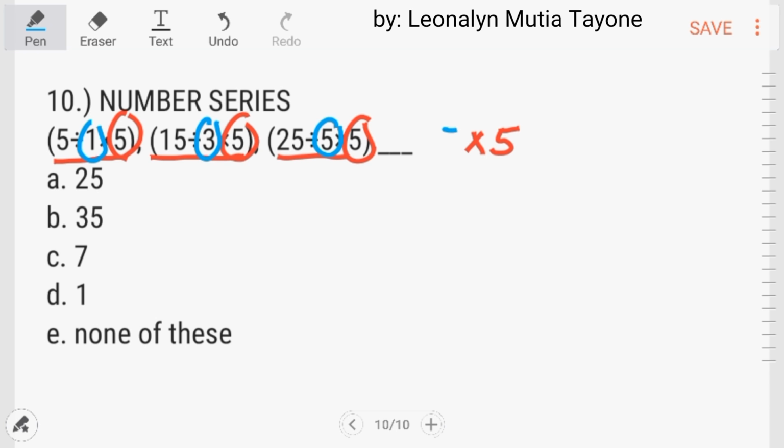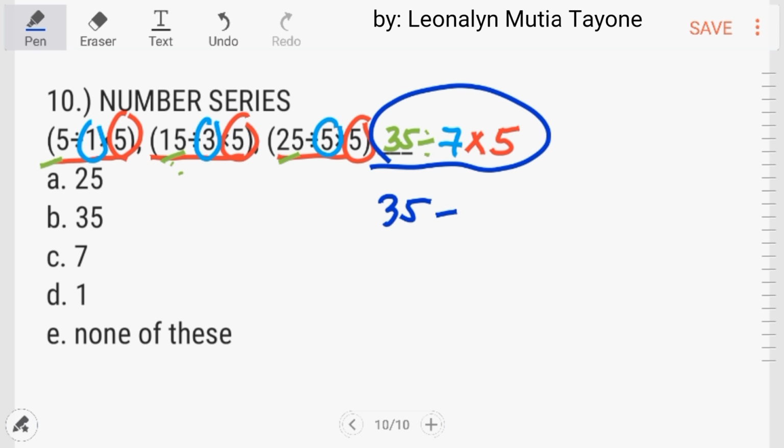So, ang next ay 7. Ang una ay 5, 15, 25. Plus 10, naging 15. Plus 10, naging 25. So, plus 10, 35. So, bale, yung pang-last na set ay 35 divided by 7 times 5.